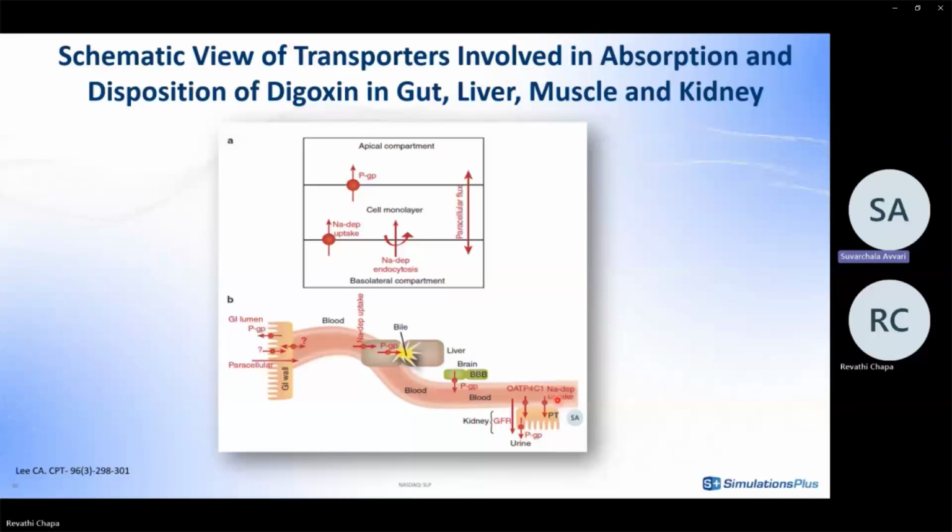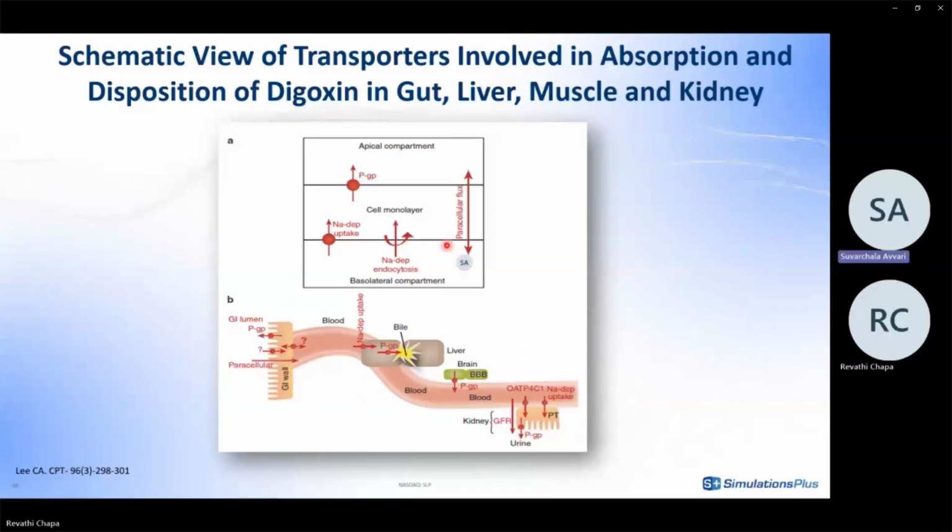The renal clearance of digoxin occurs by both glomerular filtration and tubular secretion, where the active secretory component involves the renal proximal tubules by the sodium dependent process and OATP4C1, followed by secretion into urine via PGP.